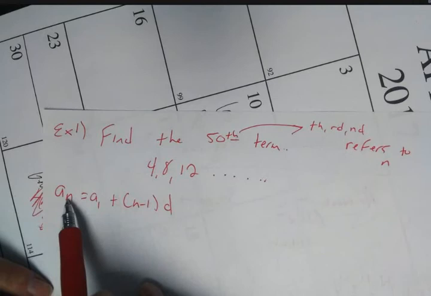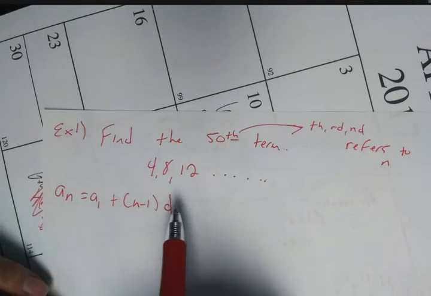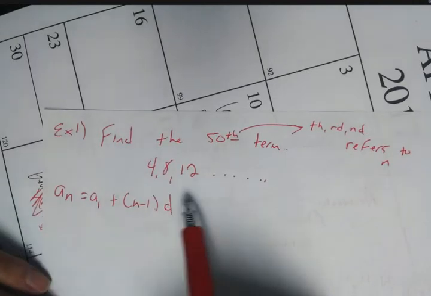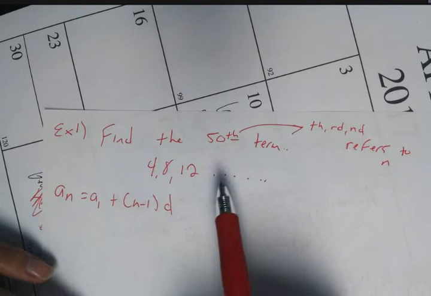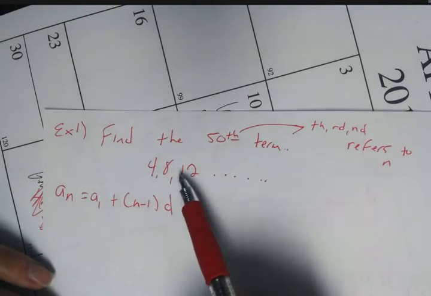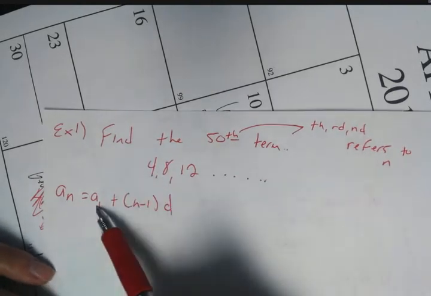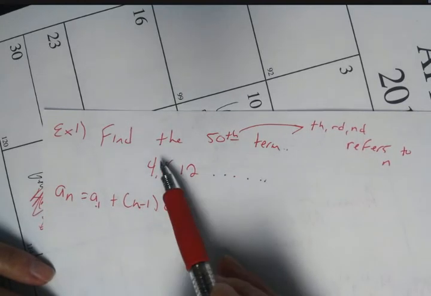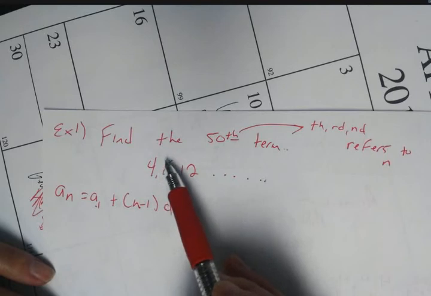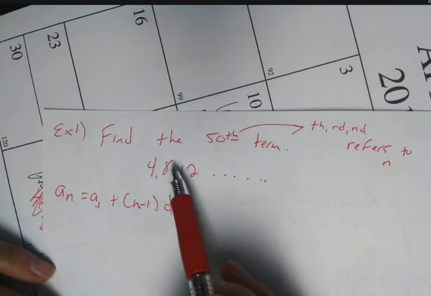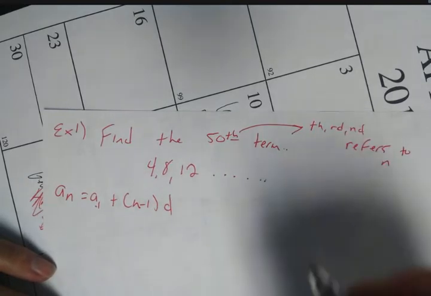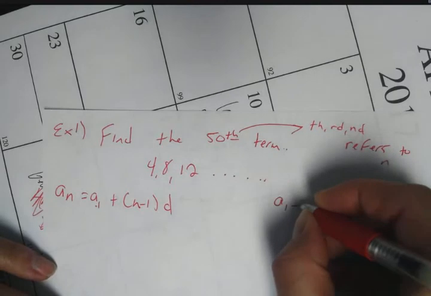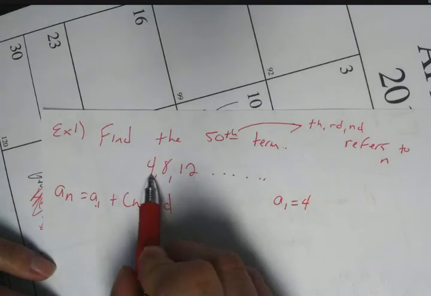I can find an, a1, n, or d using this formula, just depending on what's given to me in the actual sequence. But since I'm given the first term, I know I'm not going to find a1. Okay, I'm given n, so I know I'm not going to find n, and then I can always find the difference if I'm given two consecutive numbers in the sequence. So we know that a1 is 4 because that's the very first term in the sequence.